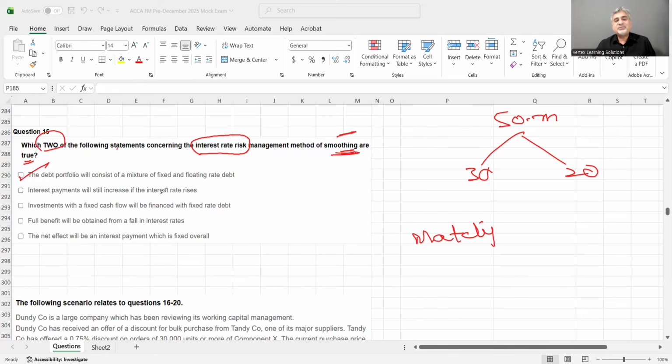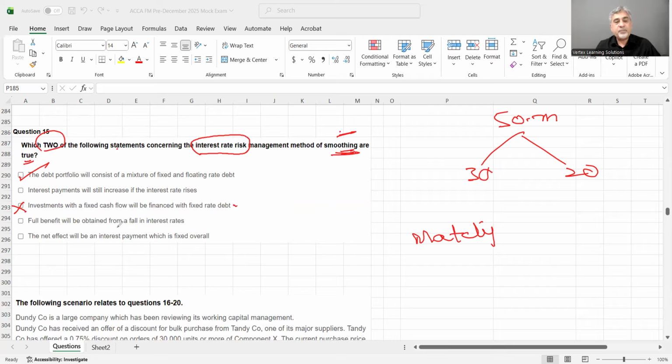So smoothing does not mean investments with a fixed cash flow will be financed with a fixed rate debt. This is also a risk management strategy, but this is not smoothing. This is matching. So this is not the answer.